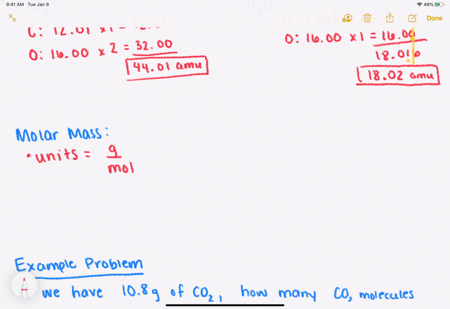We mentioned this briefly in a previous video. That is the number of grams of a substance in 1 mole of that substance. This is really key, because it allows us to convert between grams of a substance and the number of moles, and therefore molecules, of a substance. So let's do an example of that.